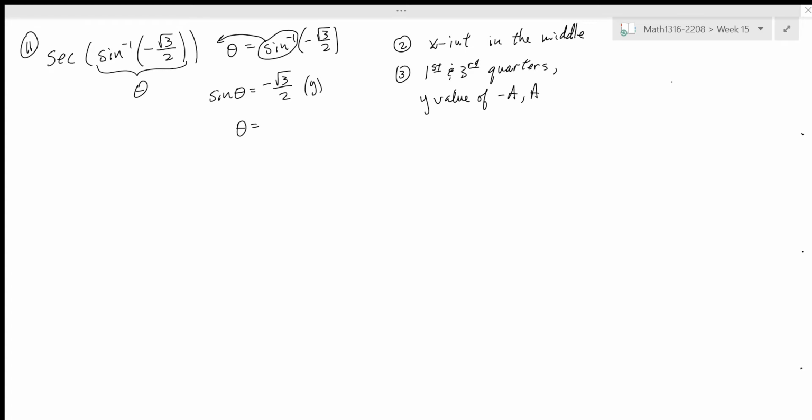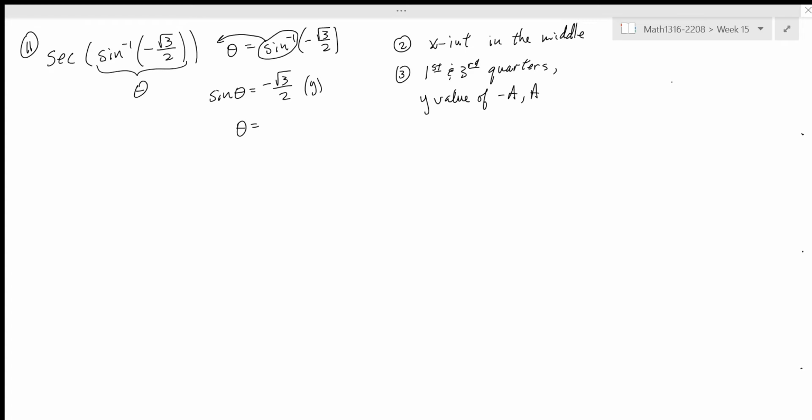Now, what trig function allows me to go to quadrant 3? Inverse cosine, because inverse cosine is bounded from 0 to pi. And then inverse tangent, remember, is back to negative pi over 2 to pi over 2. So you said inverse sine is the first and the fourth? First and the fourth. Inverse cosine is first and second.